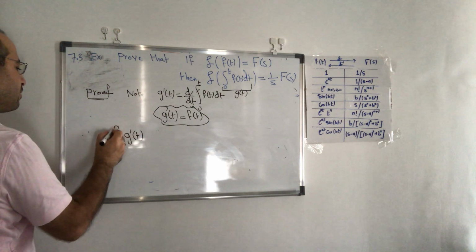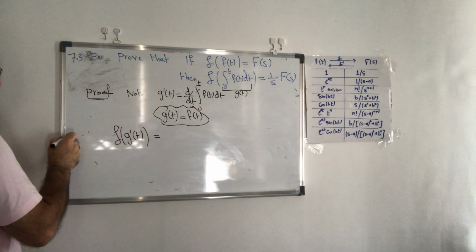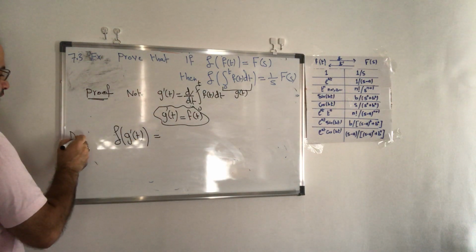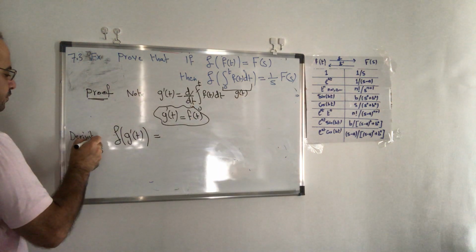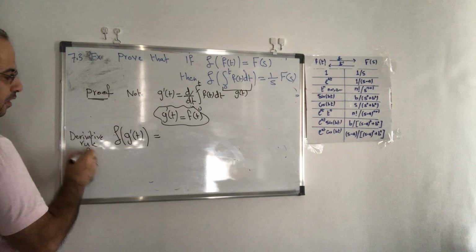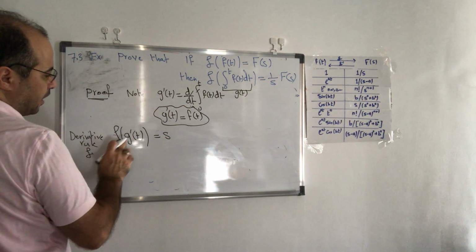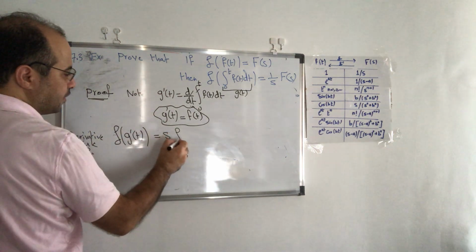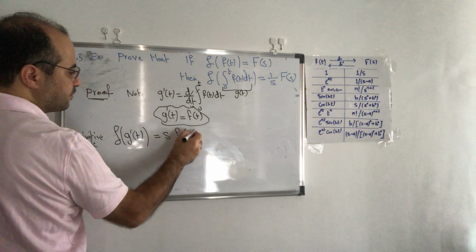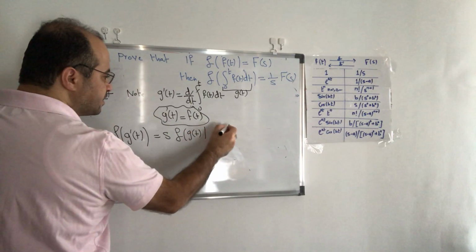Now let's go to g prime of t and apply the Laplace transform to it. Using the derivative rule for the Laplace transform, you multiply by s, you take the derivative away, and you get the Laplace transform of g of t, and then minus g at 0.